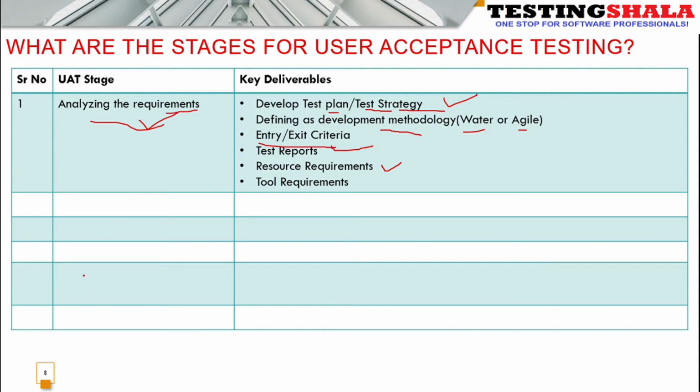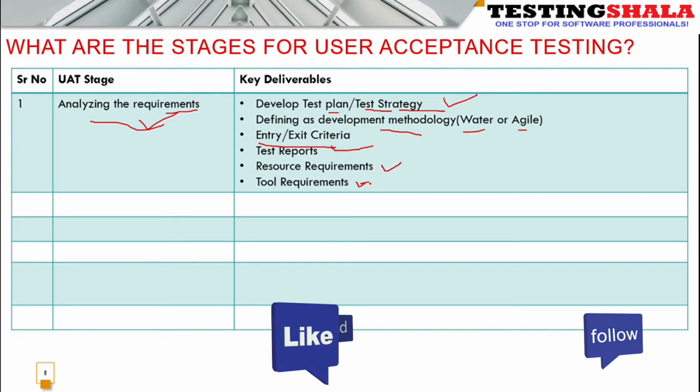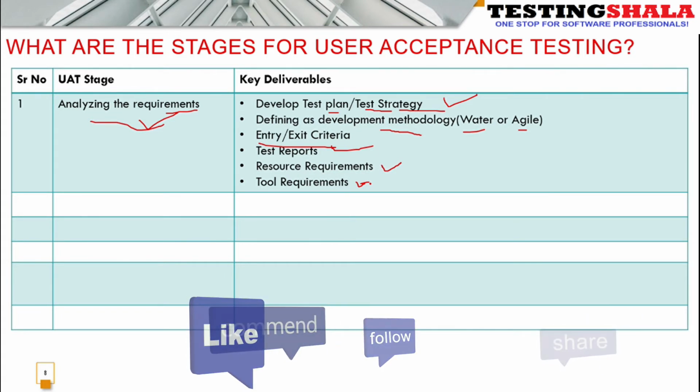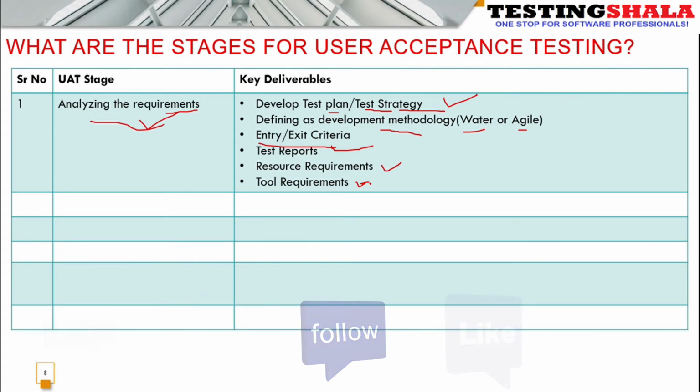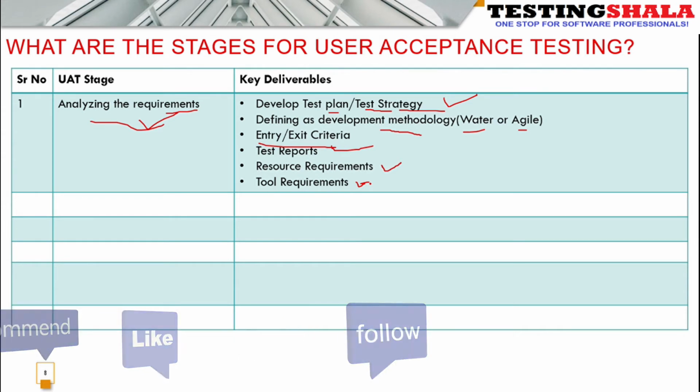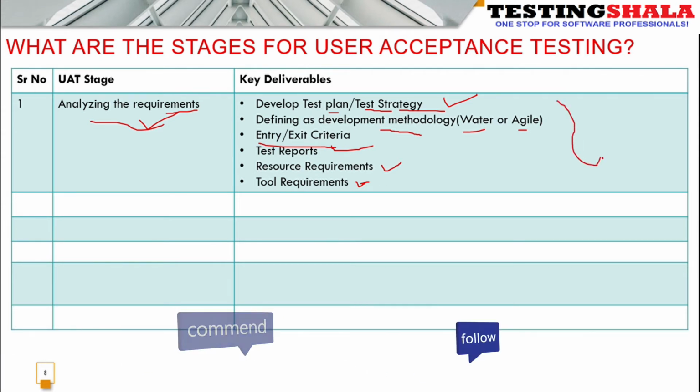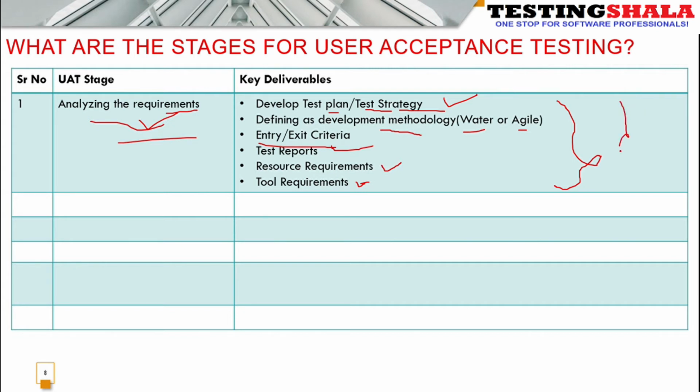We also define the tool requirements, meaning the various tools we may need to use to perform user acceptance testing. These are the overall key deliverables of UAT stage 1, which is analyzing the requirements. Then let us move on to the second stage.